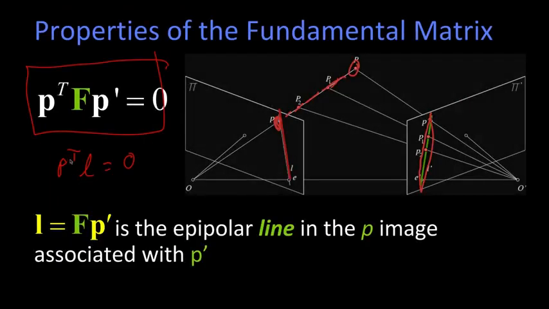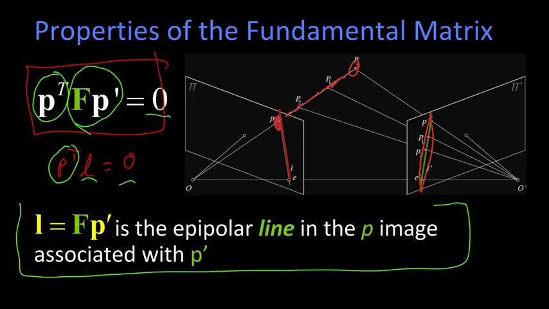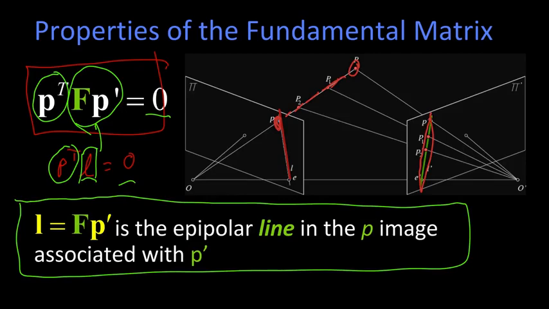So notice, here we have P transpose, here we have L, and here we have F P prime. These equal to 0 is a line. That's the constraint that has to equal 0. What this means, and that's what's written here, is that this L, which is F P prime, is actually the epipolar line in the P image.